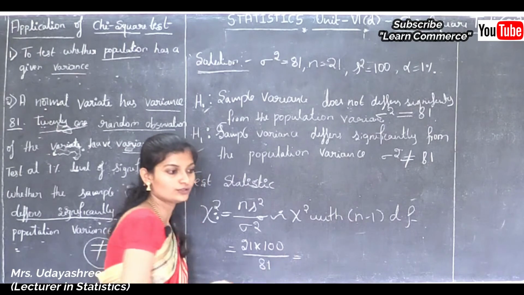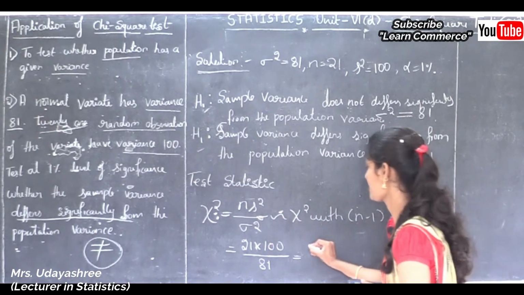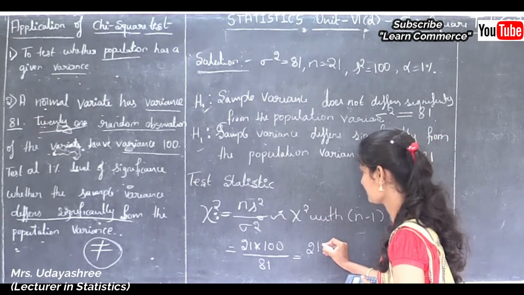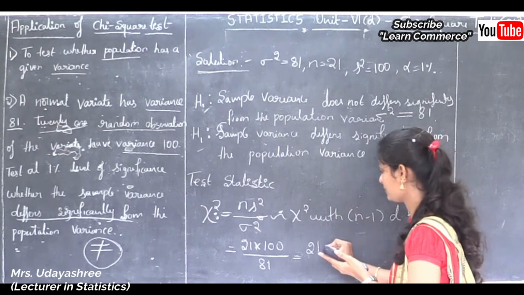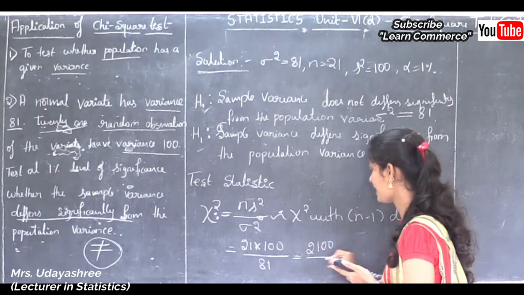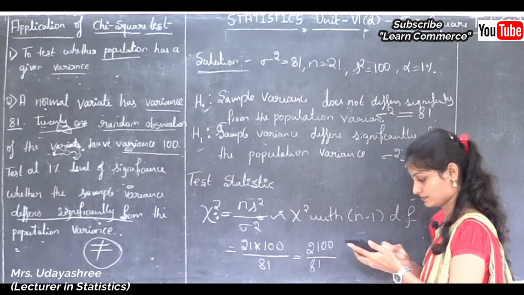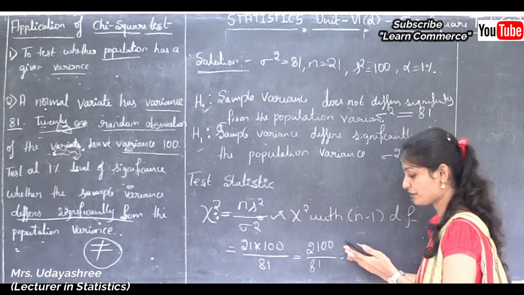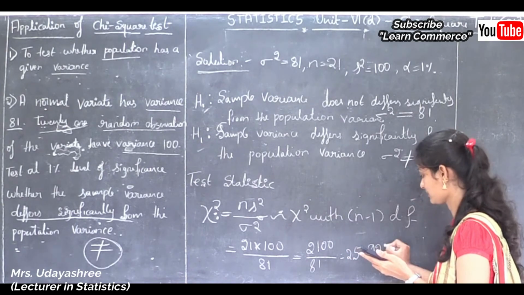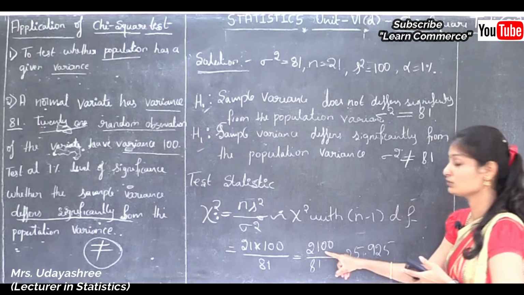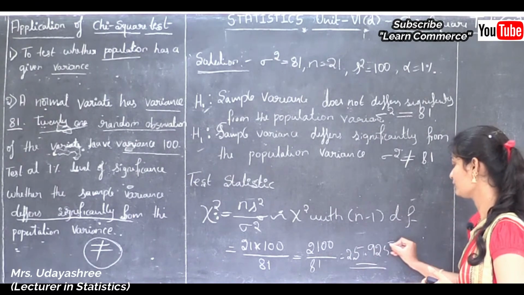This is 21 into 100, that is 2100, divided by 81, that is 25.925. Okay, this is step 3.